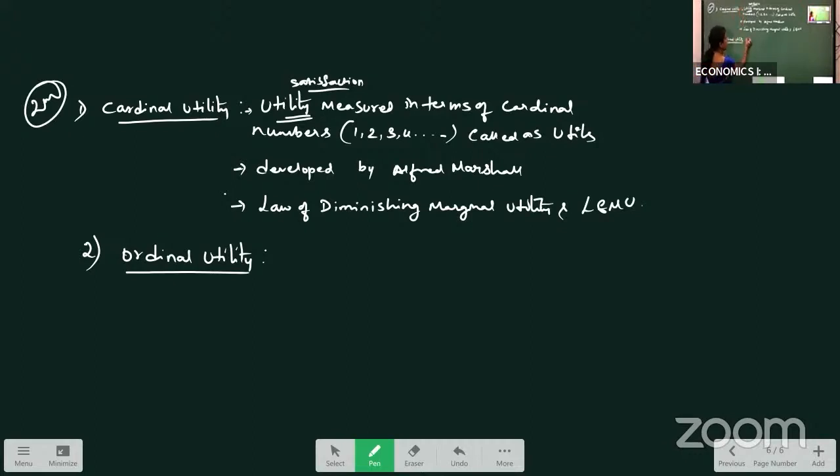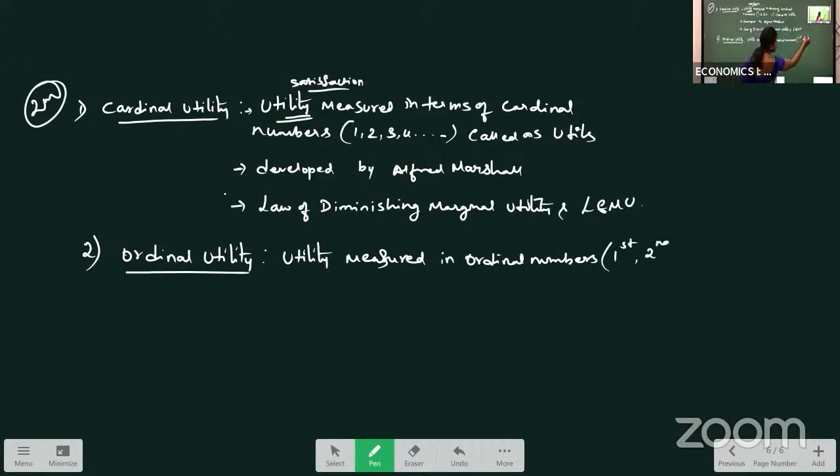So here we can say utility is measured in ordinal numbers. What are ordinal numbers? First, second, third, and so on.